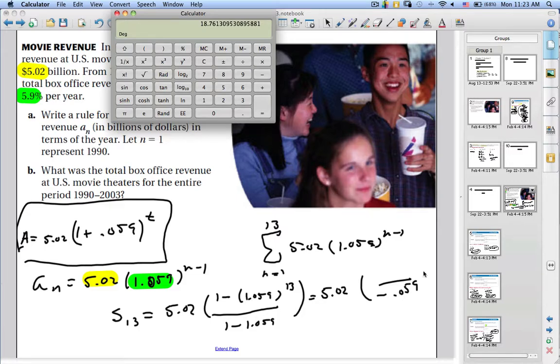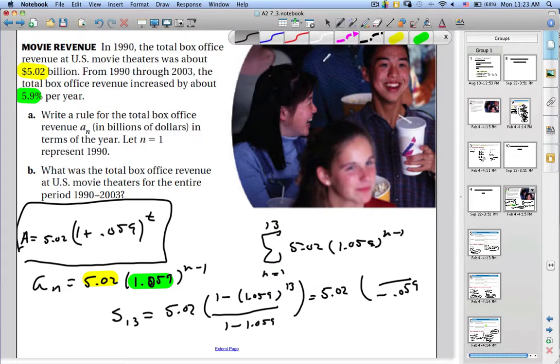Okay, now this is what I would end up in the parentheses here. Now I need to multiply it by 5.02, and so what I get is 94.18. 94.18, how many dollars? Billion dollars.